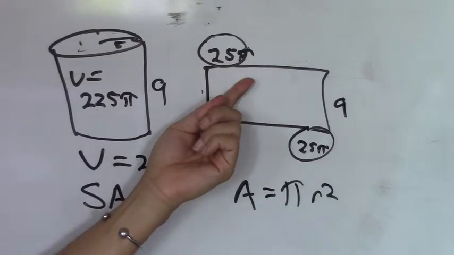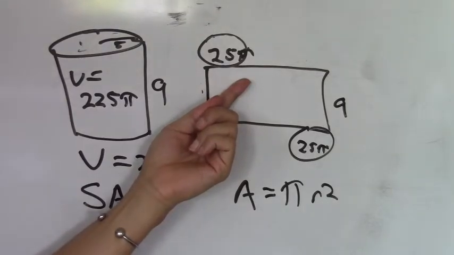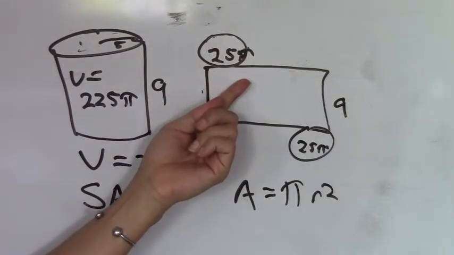Here it is. Where do you find where it says C equals?